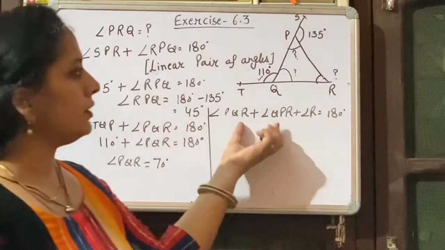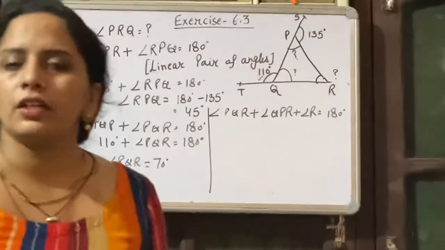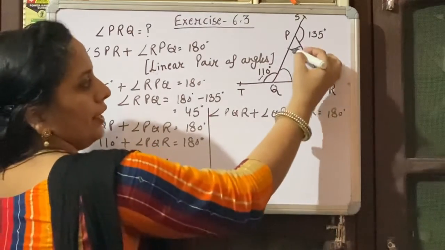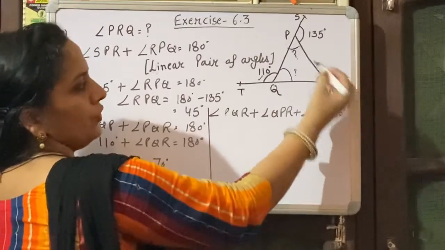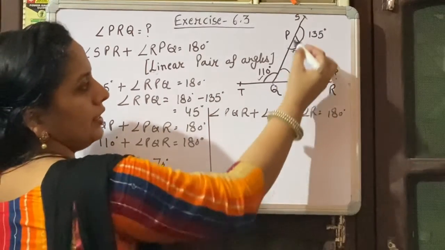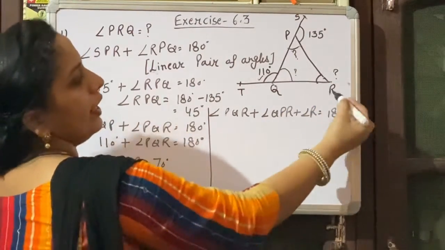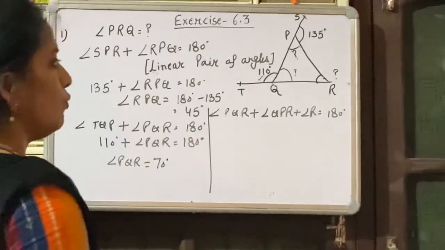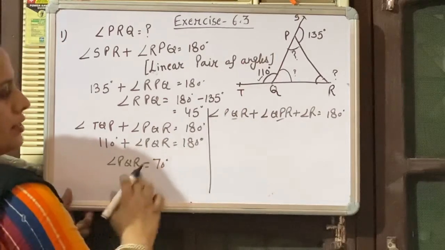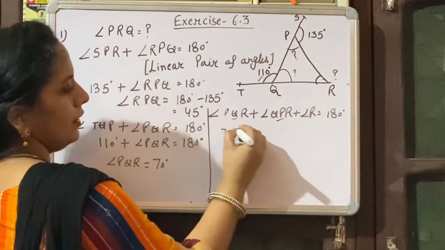Here I write all three angles of the triangle: first is P, Q and R. I write here the complete name of this angle, that is RPQ. The complete name of this angle is PQR, and the third one is simply R. We know the value of both angles. First, PQR is equal to 70 degrees.